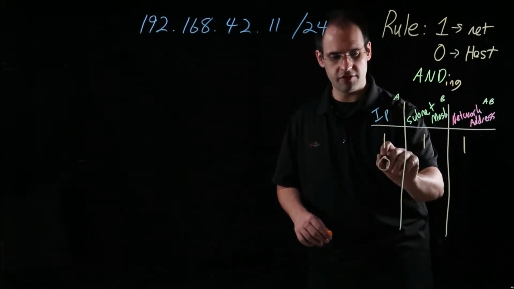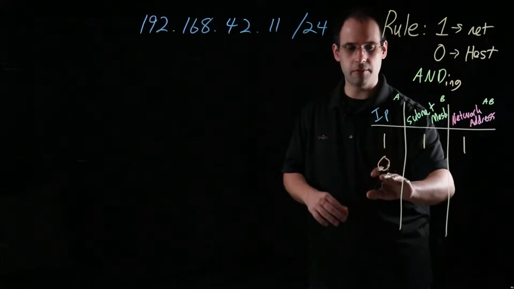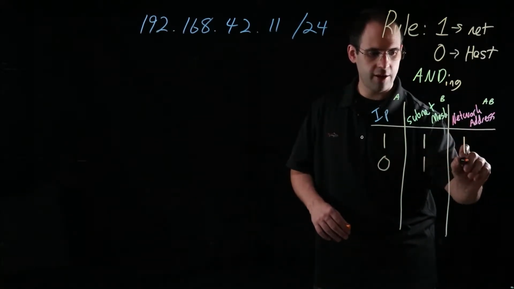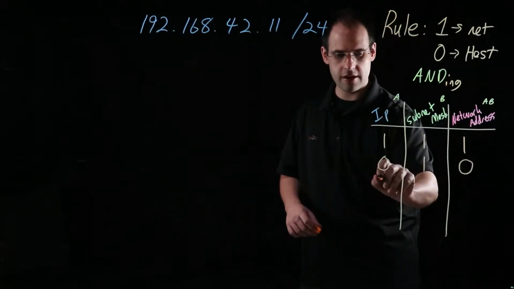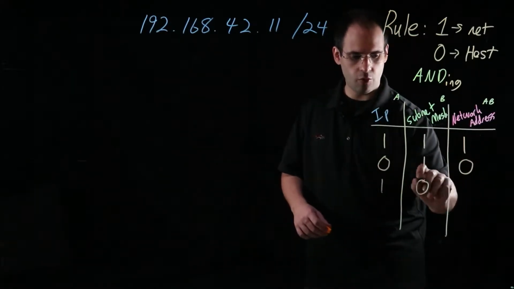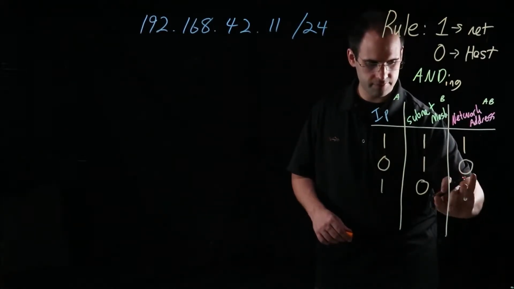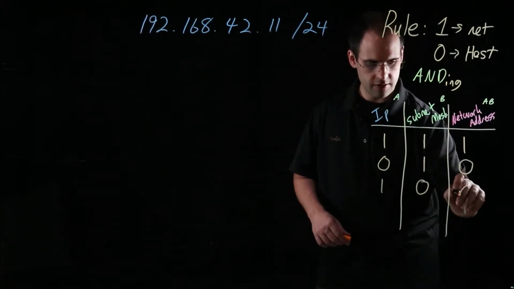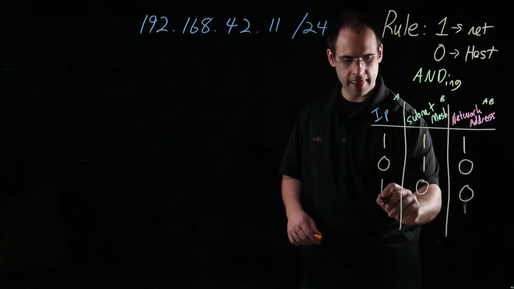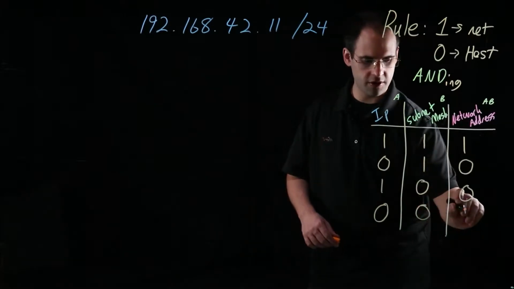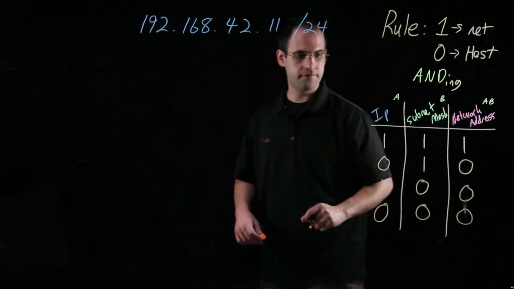So if we have a 0 from our IP address and a 1 inside our subnet mask, we get an output of 0. If we flip that, a 1 and a 0, it's not a 1, that's a 0. And finally, if we have a 0 as an input here and a 0 as an input here, we get another 0.